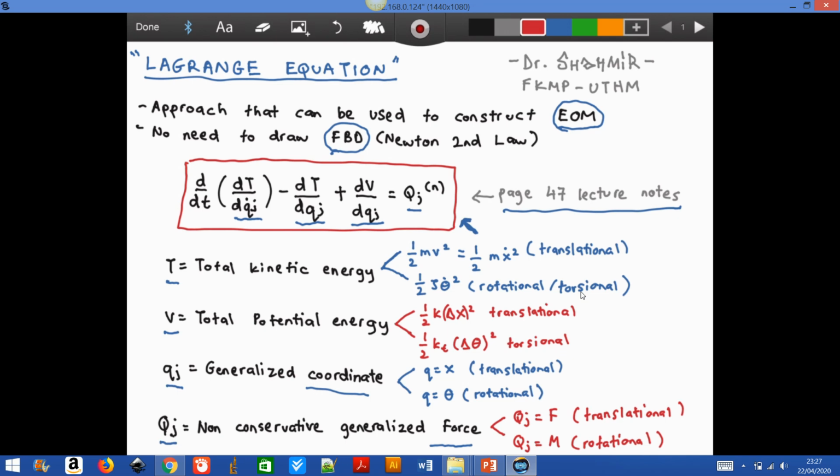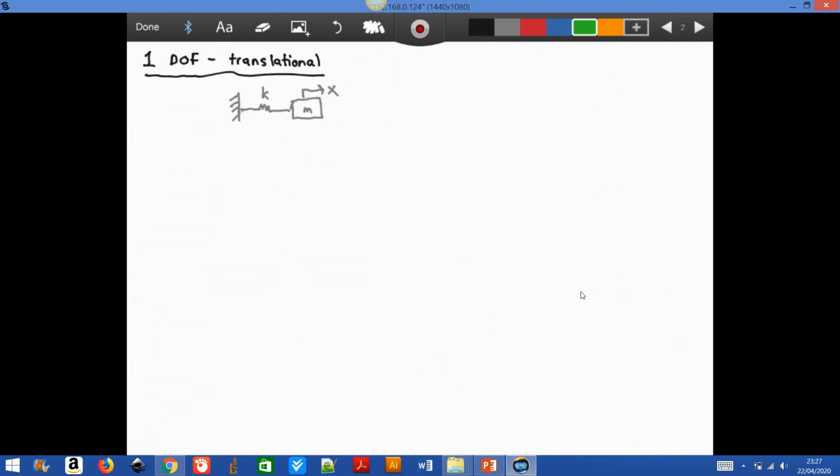So generally, if you could find all of these, you can use this equation in order to get the equation of motion. Alright, let's look at a few cases here in order to aid your understanding. So let's say we assume a case of 1 degree of freedom.